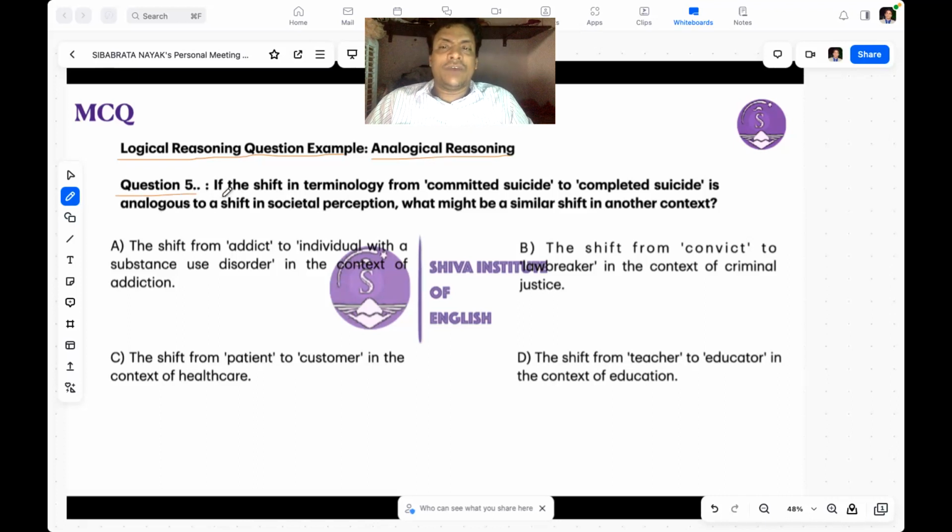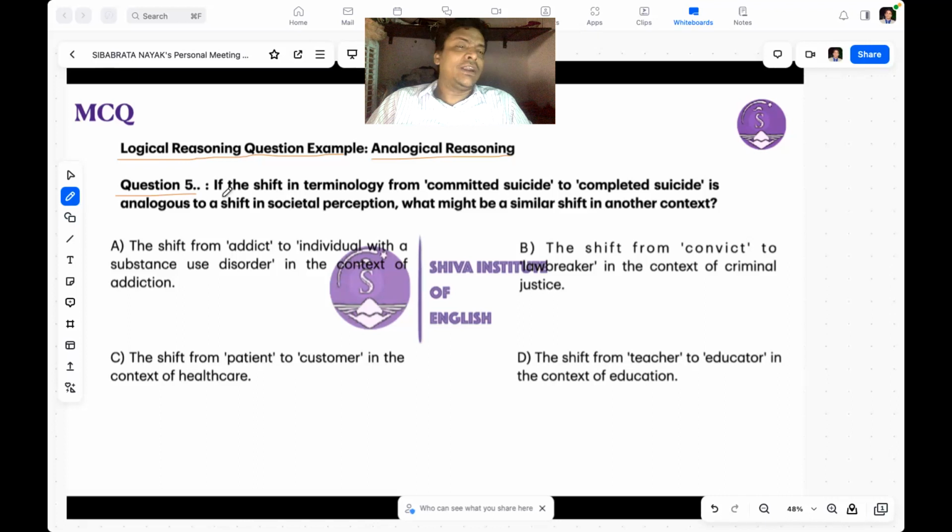This is question 5. We have already discussed 1 to 4, on the basis of the text which is presented. So what is the text about? The text is all about suicide, and how society influences it in different places.